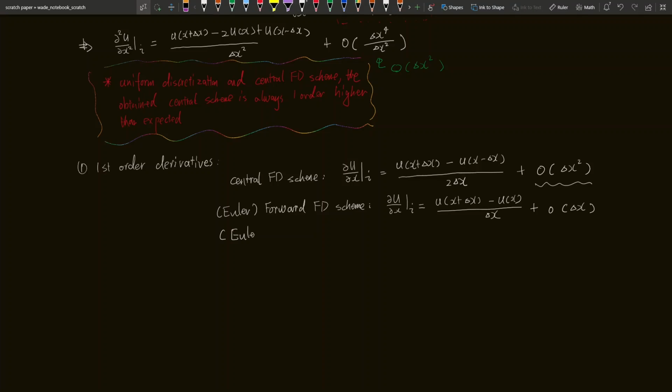The third scheme is the Euler backward finite difference scheme, which equals du over dx at point i equals u(x) minus u(x minus delta x) over delta x plus the error term.